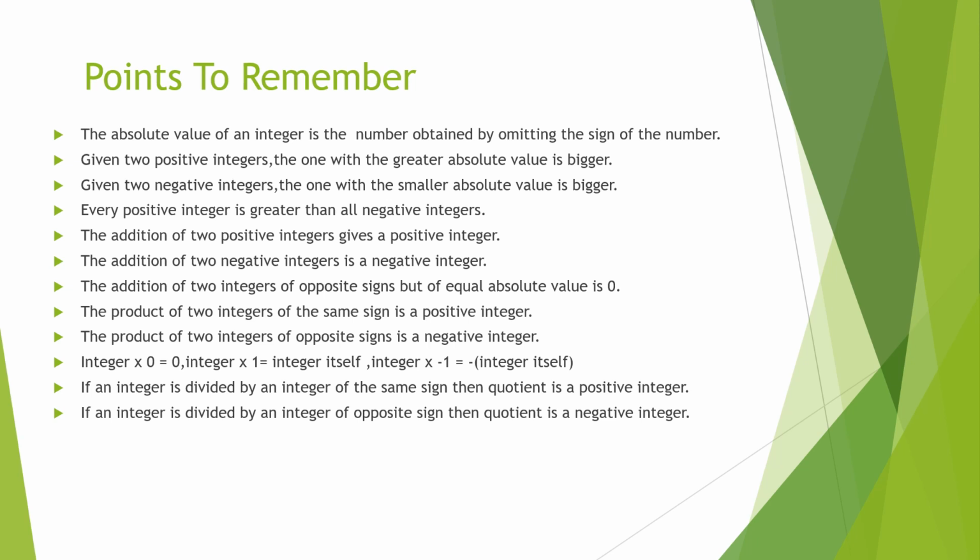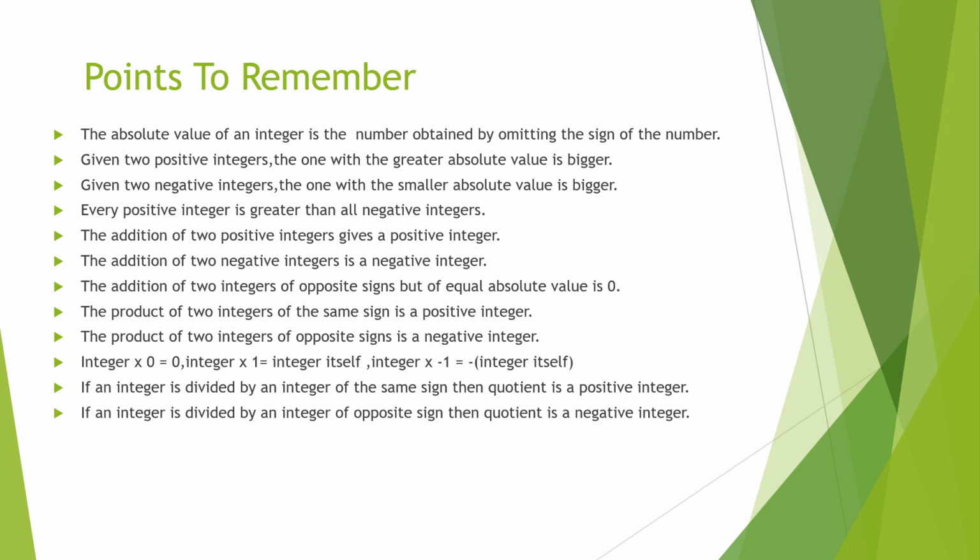Given two negative integers, the one with the smaller absolute value is bigger. Every positive integer is greater than all the negative integers. So, all the negative integers are smaller than every positive integer.